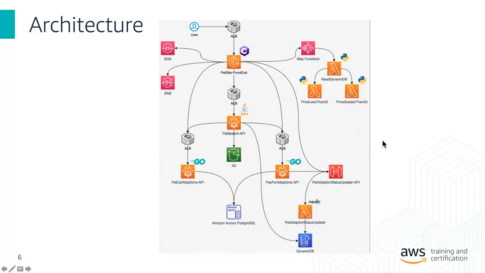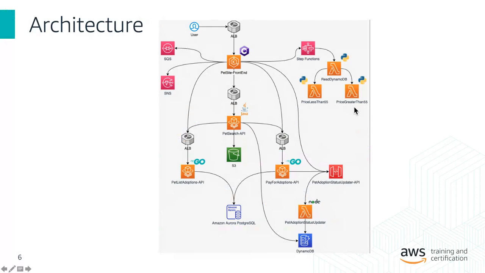In real life, probably you will not design an application like this, right? If you look into the details, you will also notice that this one uses Kubernetes, written in C#. This one is using ECS, written in Java. And then these two APIs are also ECS, but written in Golang.